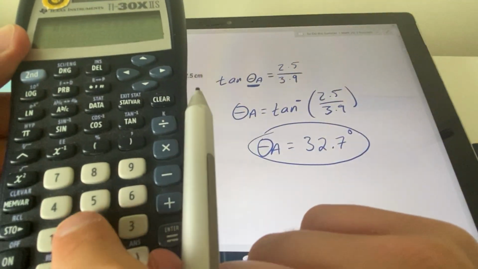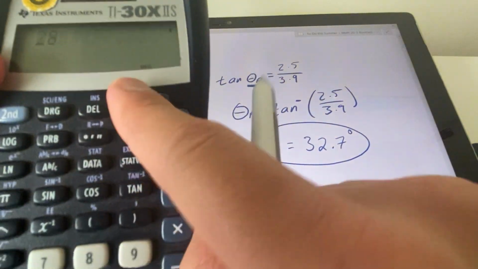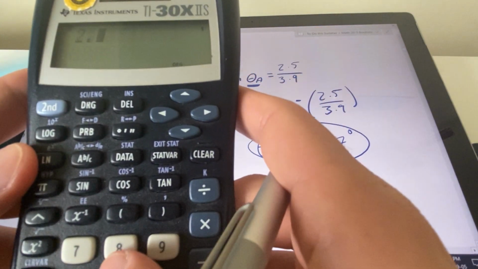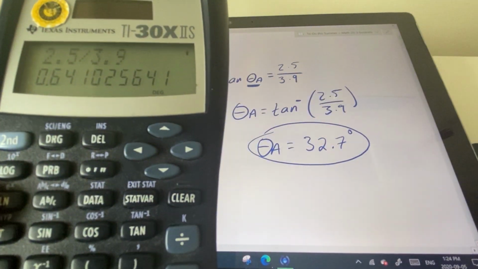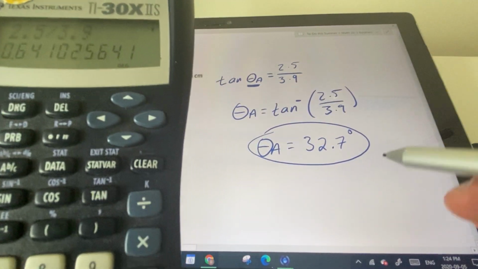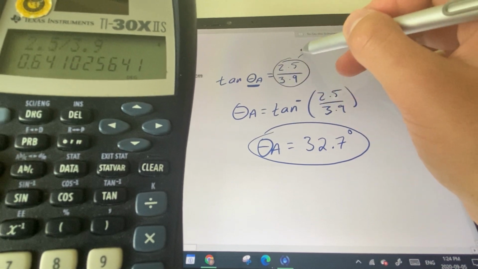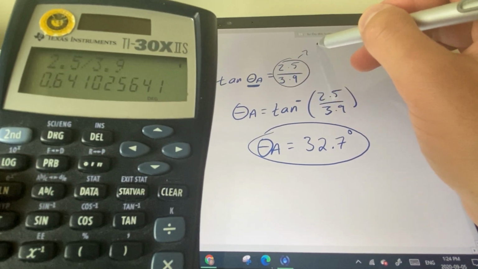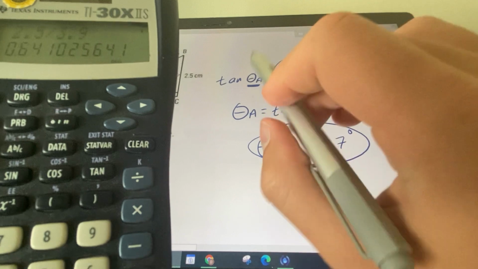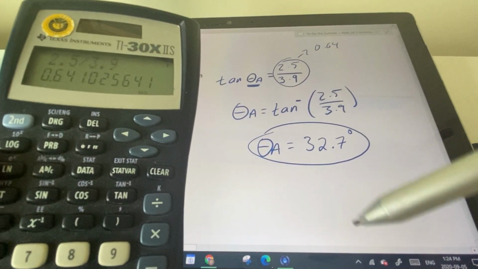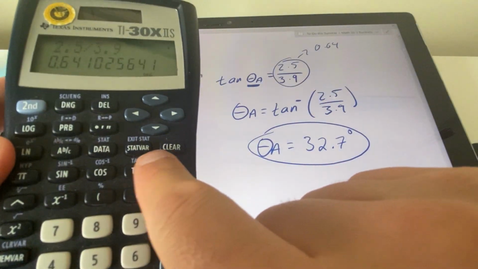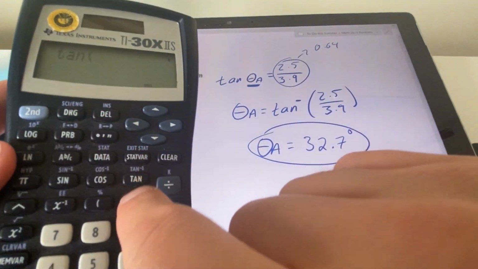Now recognize 2.5 divided by 3.9, what is that? 2.5 divided by 3.9, that gives me 0.64, okay? So this number here in decimal form is 0.64. If we plug in tan, we know what this angle is, it's 32.7. So let's just plug in normal tan, okay? It's not the inverse or anything.